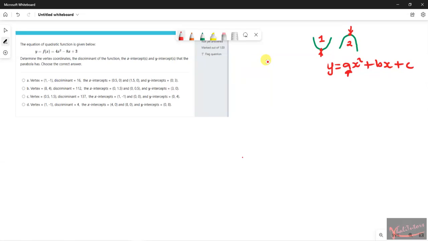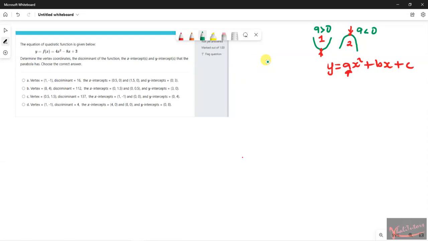When the value of a is greater than 0, the graph will look like graph 1. It will have a smiley face and the turning point will be the minimum point of the graph. If the value of a is less than 0, the graph will look like graph 2. The turning point will be the maximum point of the graph.